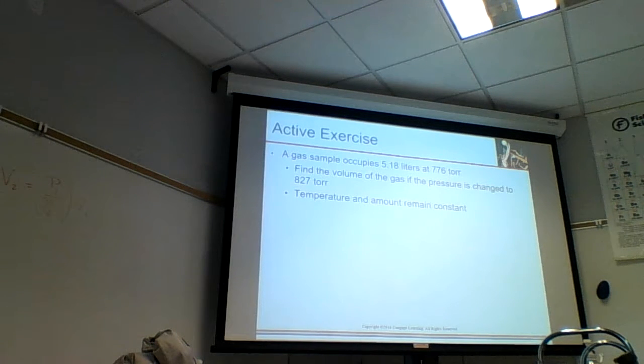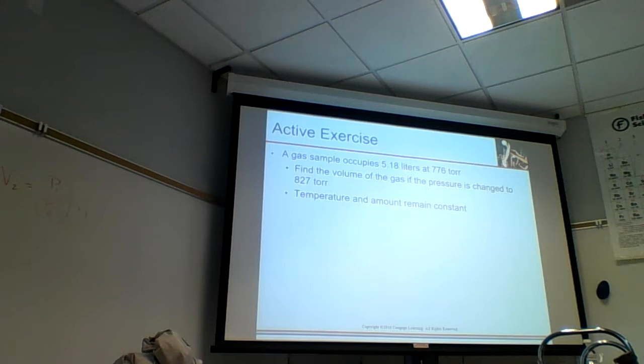So let's try this problem now. A gas sample occupies 5.18 liters at 774. Now, for temperature, the temperature always has to be in a certain unit. Whenever you use these gas laws, the temperature must be in Kelvin. But pressure need not, volume need not. You could use any volume.